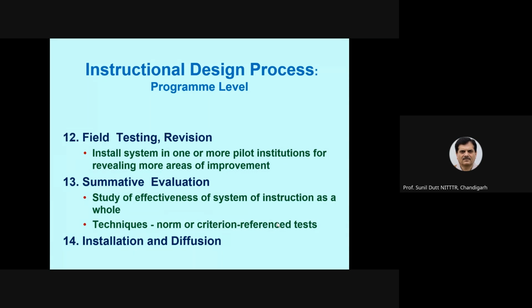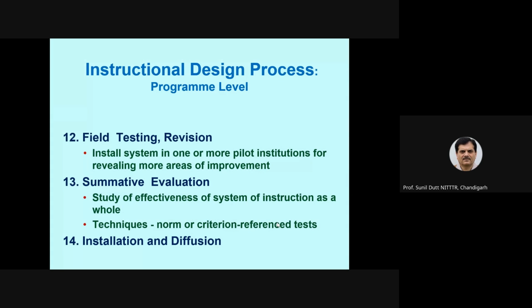So there are various activities which are carried out at the program level, subject level. At the program level, we begin with analysis of needs, then analysis of resources, determination of scope. Then at the lesson level, we determine the subject structure, analysis of subject objectives, specifying performance objectives, preparing lesson plan, developing instructional media, assessing student performance.